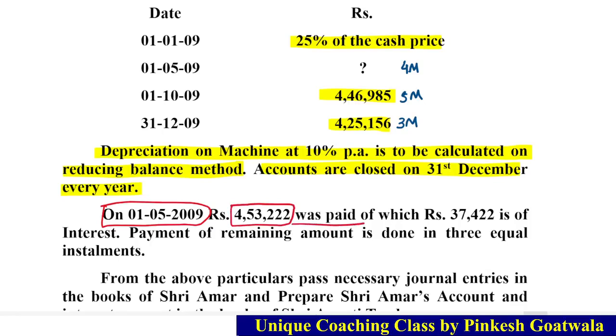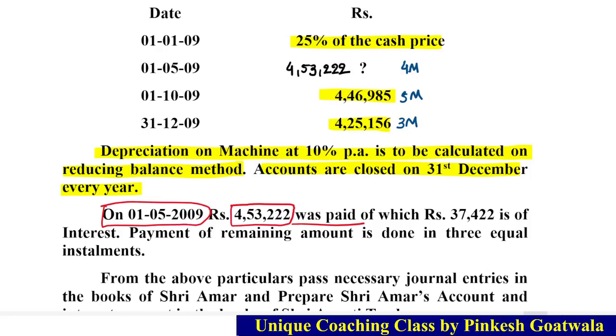This is indirectly the amount of installment. You can write here that it is the amount of installment, 4,53,222.